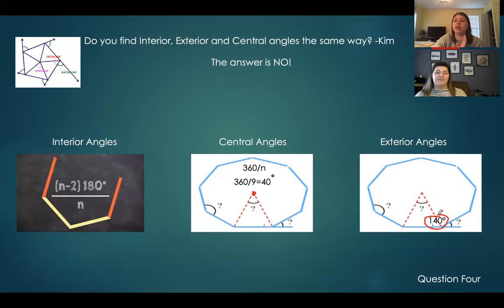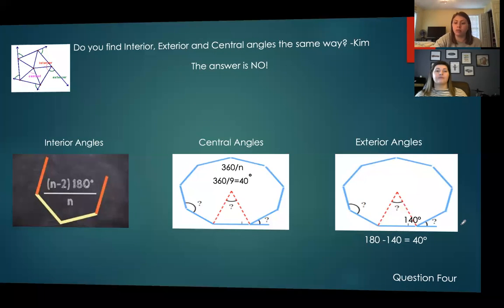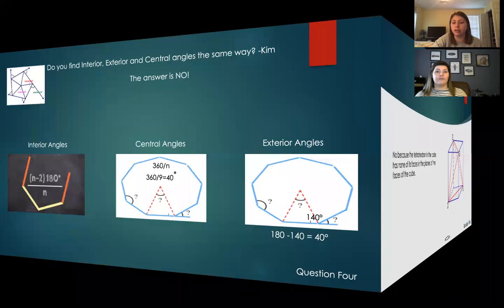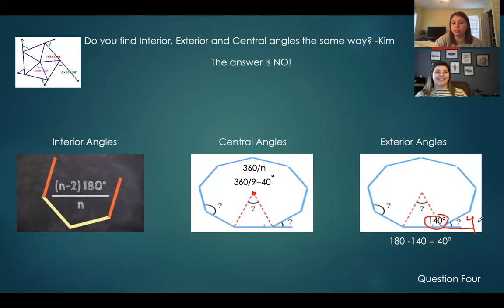It does. So we need to take 180 to find the outside. This is a line, so our line equals 180. We remember that from previously. So we'll take 180 minus 140, since we know what this angle is, and that will give us 40 degrees. So our angle right there is 40 degrees.